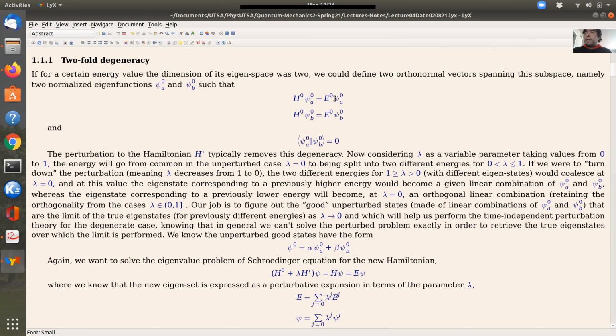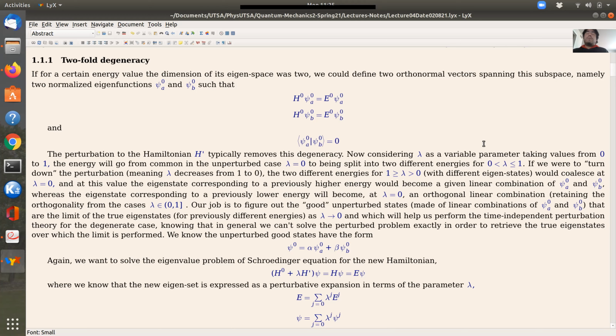And in the unperturbed case, they're equal. But when you add the perturbation, most probably they won't be, unless coincidentally that's the case for the perturbation that you introduce. But that means, okay, that the perturbation breaks the degeneracy.